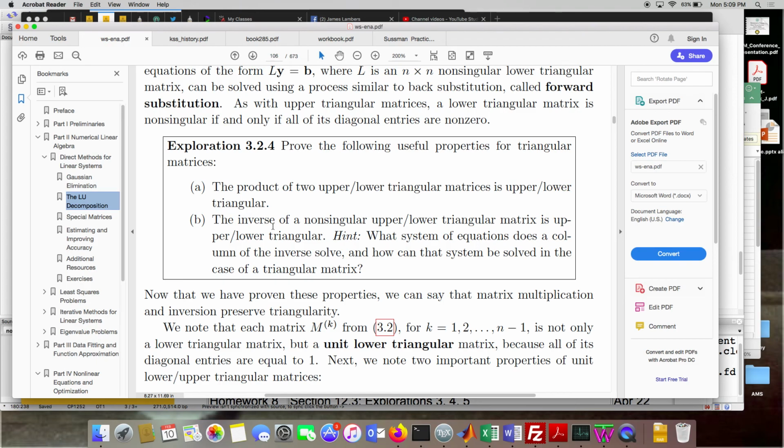Although if you work it out for a small case like 3, you kind of see how it's going to go. Now I'm not looking for some rigorous induction proof or something, but I don't want to limit it to a specific dimension either.